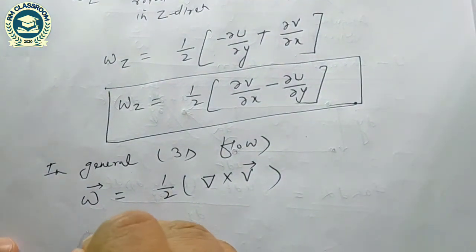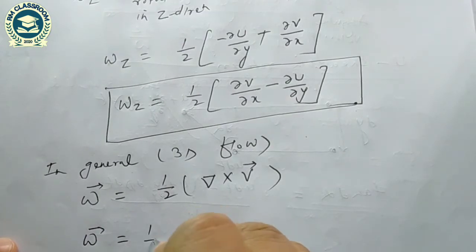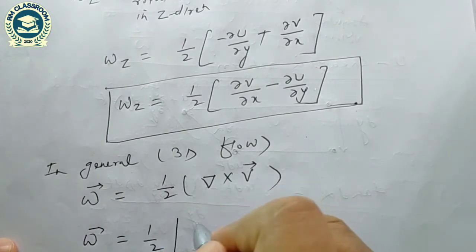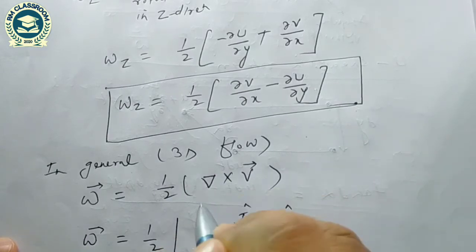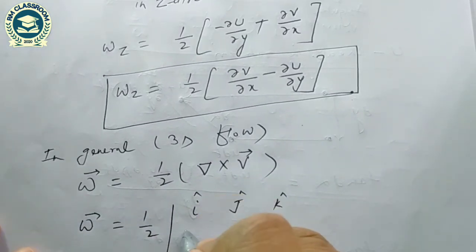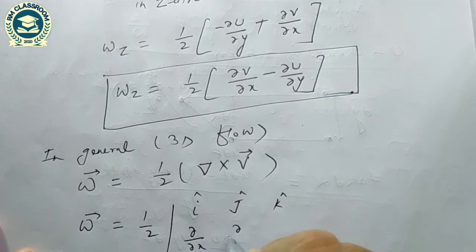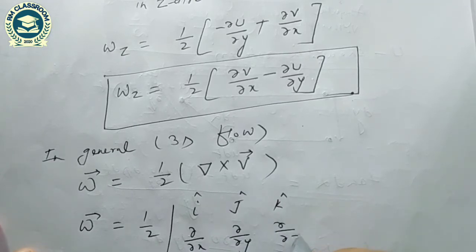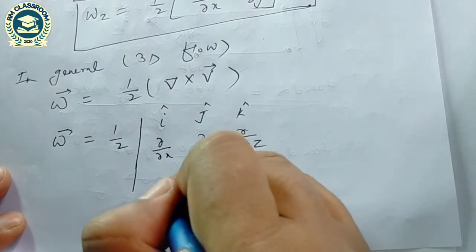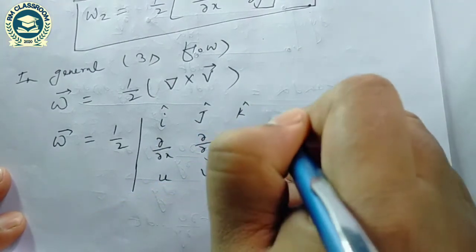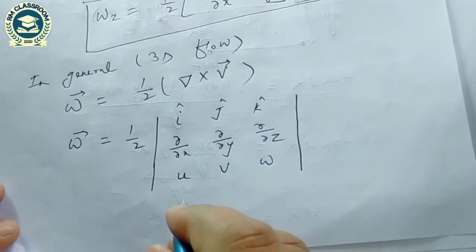So omega is equal to 1 by 2 del cross v, which we can write as a determinant of i j k. Del is del by del x, del by del y, del by del z, and the velocity components in the x, y, z directions are u, v and w.